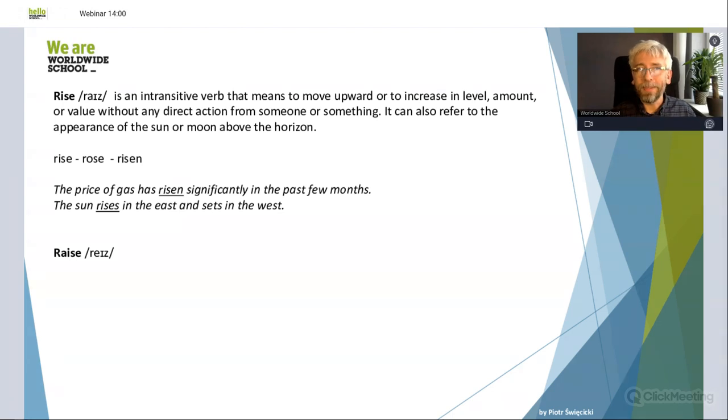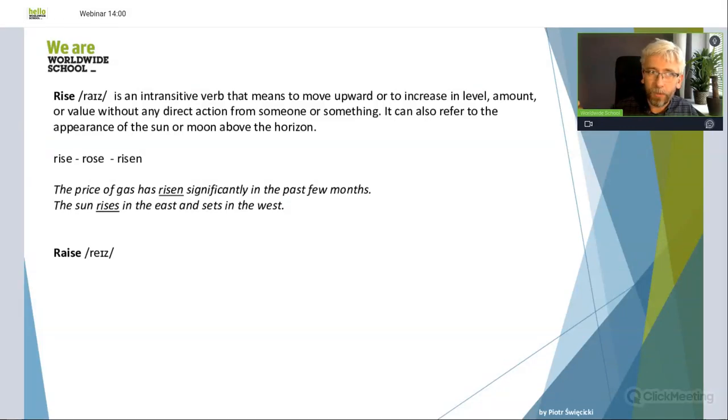Rise is an intransitive verb, nieprzechodni. That means to move upward or to increase in level, amount, or value without any direct action from someone or something. Without any direct action.